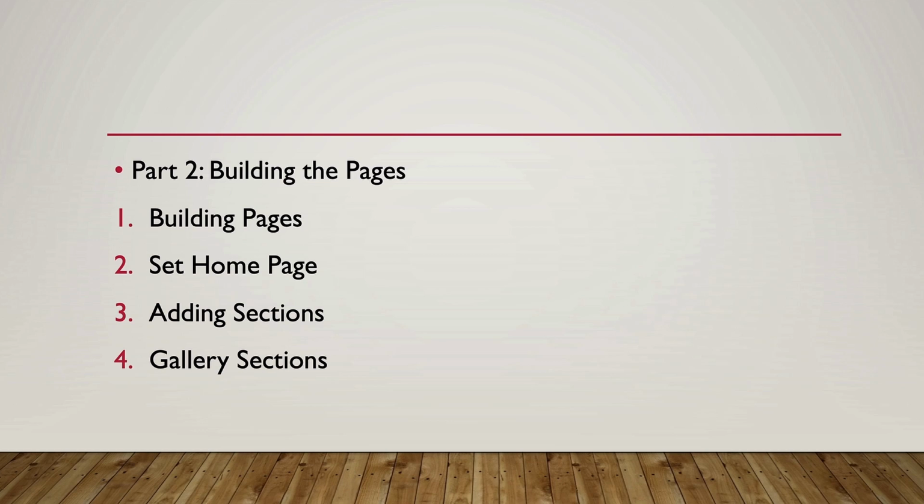Then you set the home page and add sections. You divide the pages into different sections, and then add gallery sections as well, which are equally important because pictures and videos have many aesthetic or non-verbal benefits for clients. That's why your website should always have a gallery in the form of still pictures, dynamic pictures, or videos.